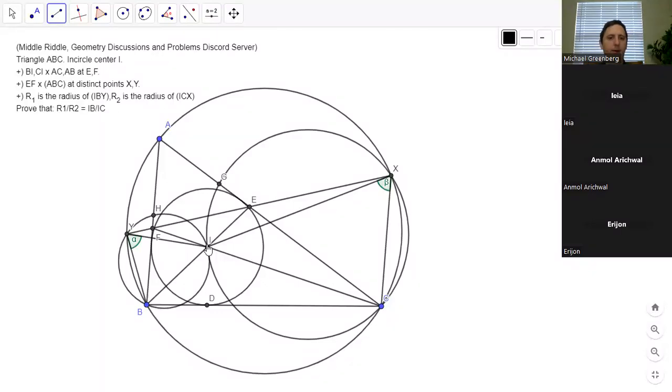So I wonder if we can work backwards. Can we construct points H and G first somehow, and then based on that, show that X and Y lie on EF?